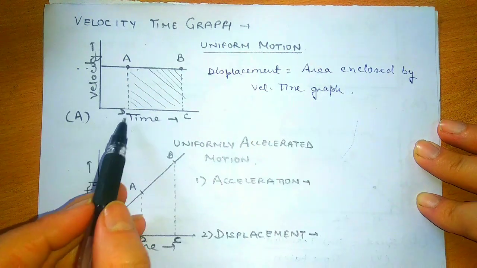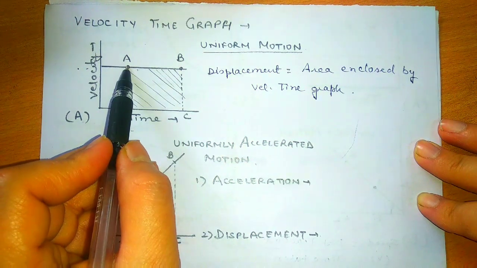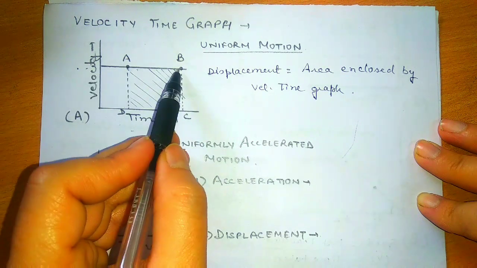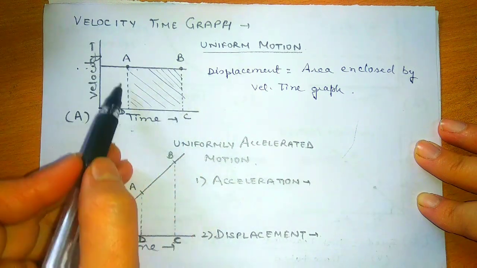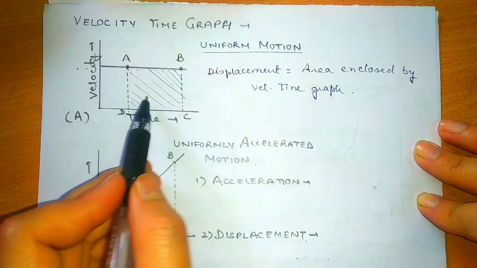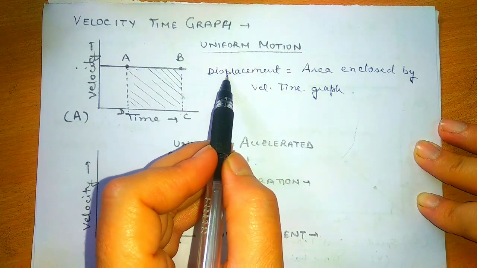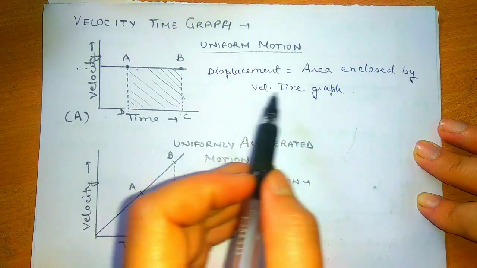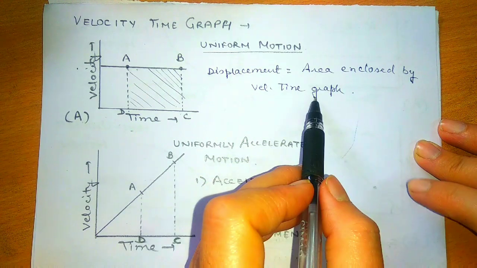So if I talk about this point, the object starts from point A to point B with constant velocity. So just make these two lines and cover this area. This area gives us the displacement. The magnitude of this displacement can be determined by the area enclosed by the velocity time graph.